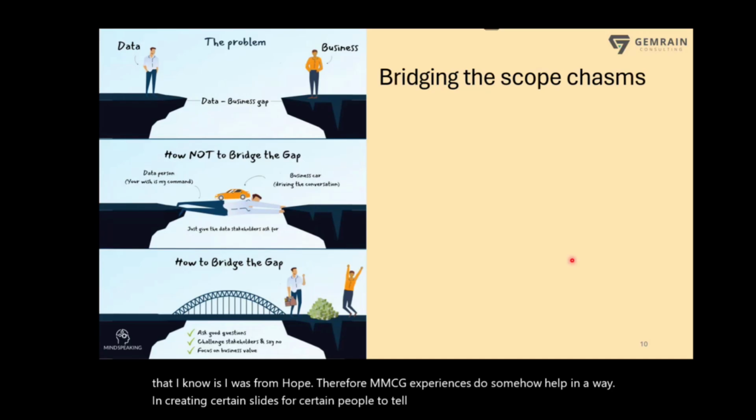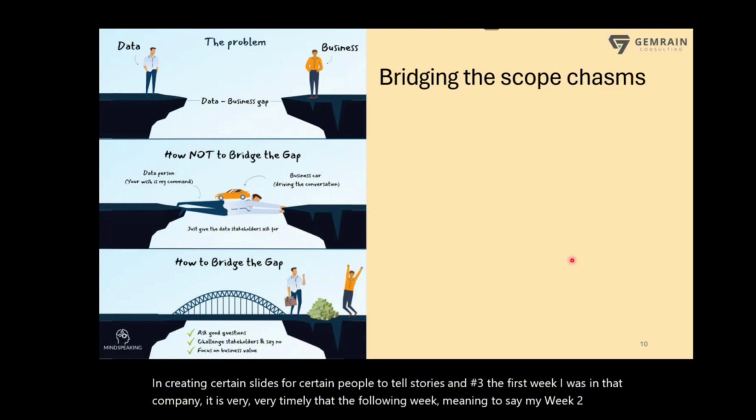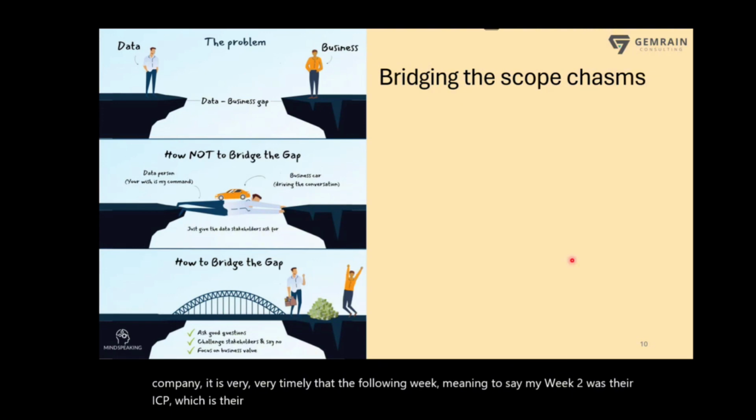And number three, in the first week I was in that company, it was very timely that the following week, meaning my week two, was their ICP, which is their integrated commercial plan.